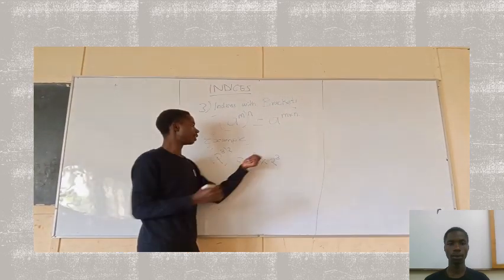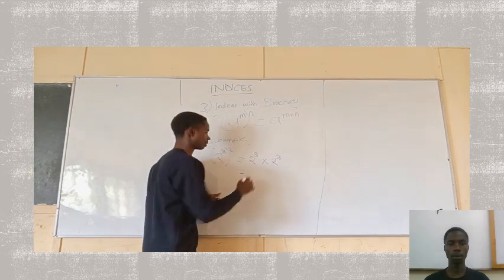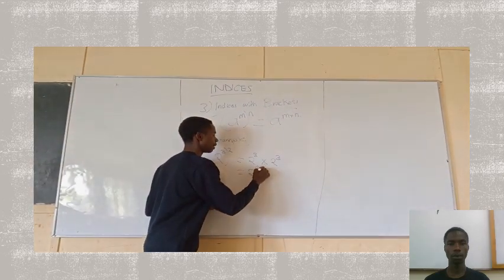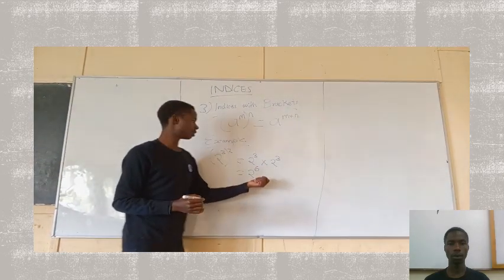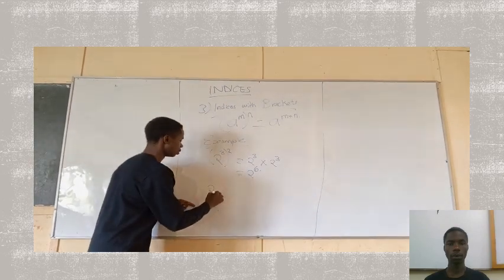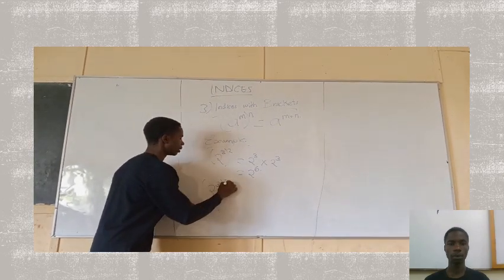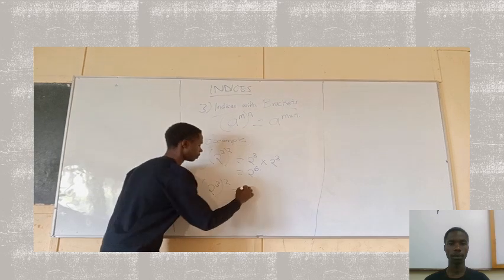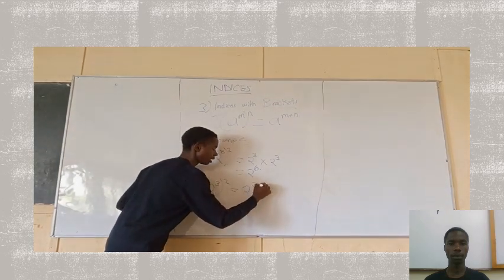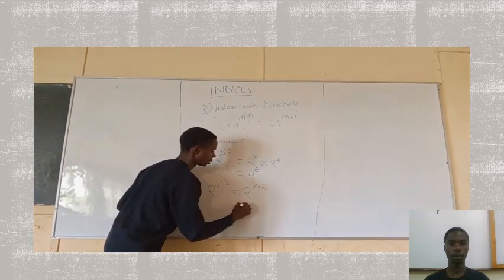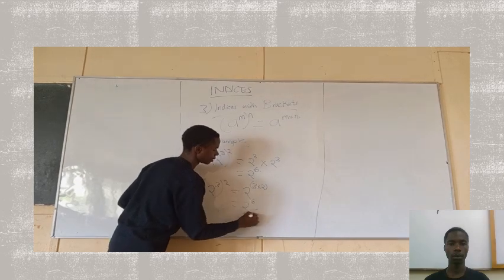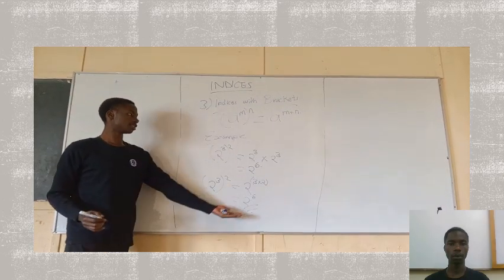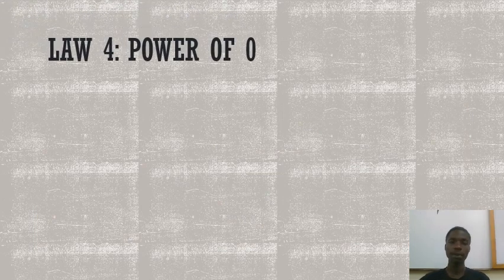Saying 3 plus 3 is 6. Our answer is 2 power 6. It is easy saying that 2 power 3 power 2 can be given as 2 power 3 times 2, which is 2 power 6. Now, you have seen the bracket power.